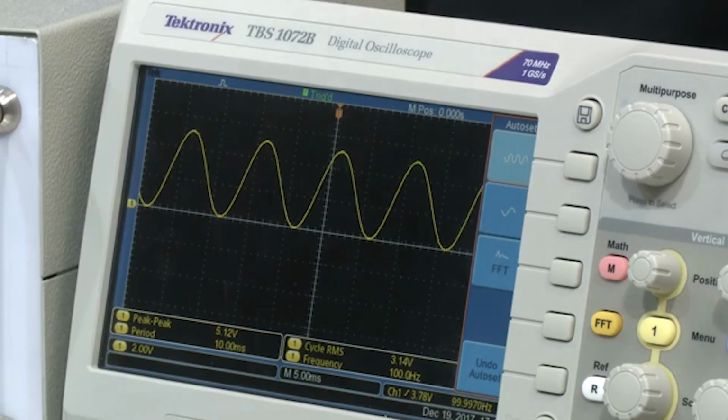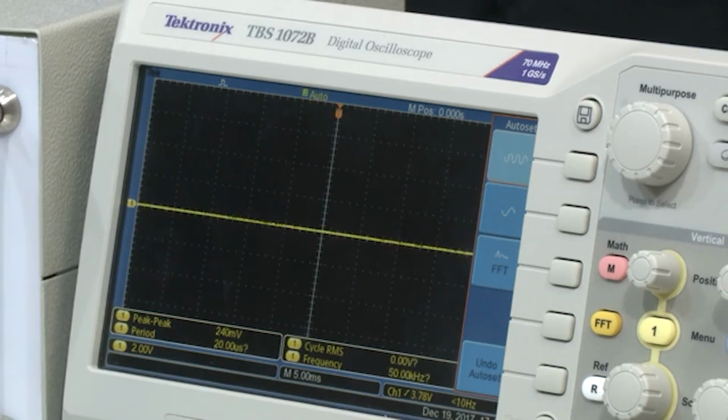So we now know the frequency from the function generator is 100 hertz. We have also confirmed that the voltage is 5 volts, and that the input signal is a sine wave. Three things we have confirmed.